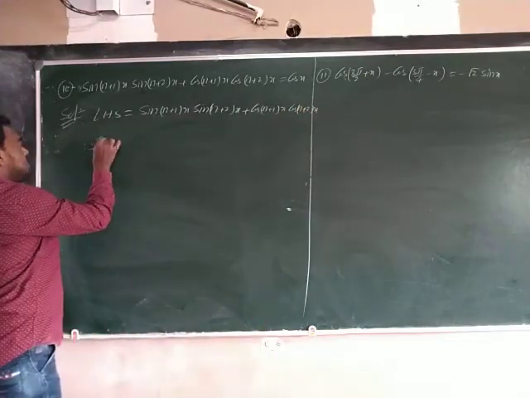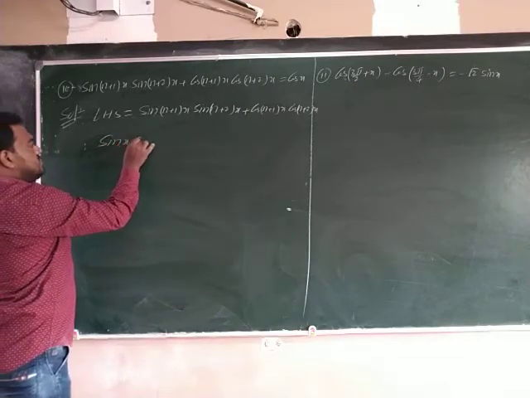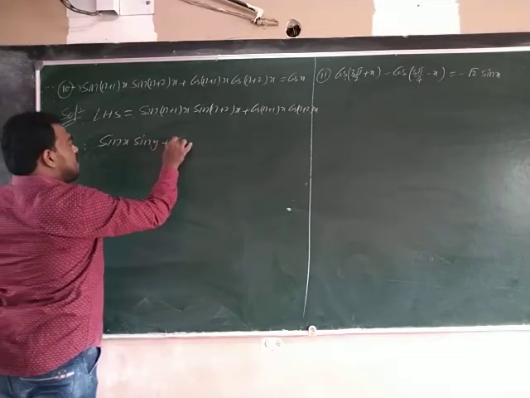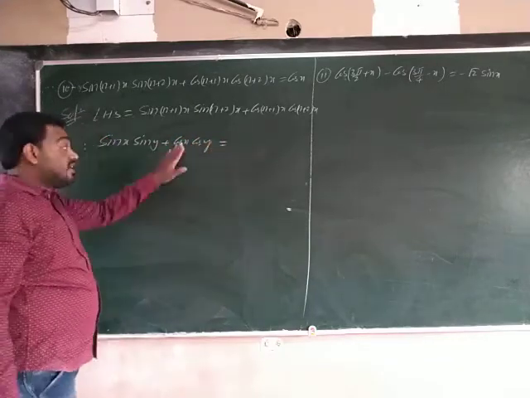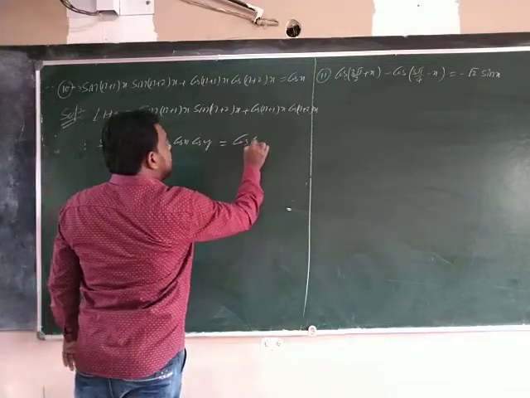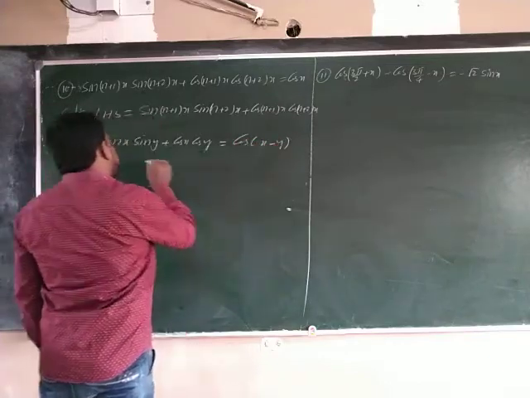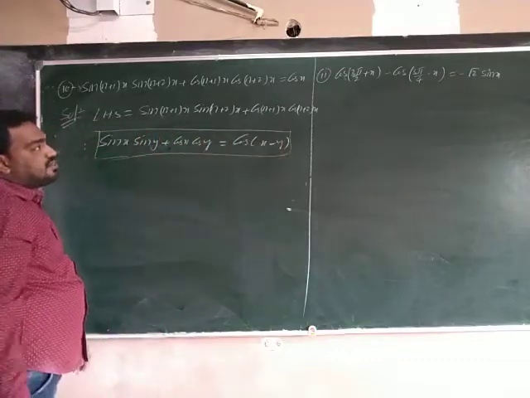See, it is in the form of sin x sin y plus cos x cos y. This is equal to what? Cos x cos y plus sin x sin y is equal to cos of x minus y. So this is equal to cos of x minus y.